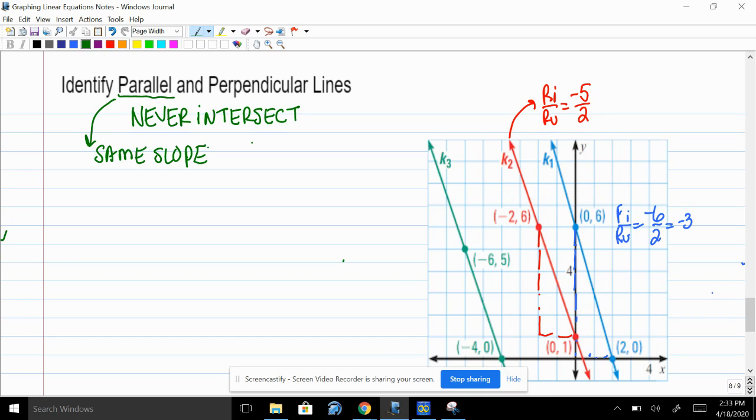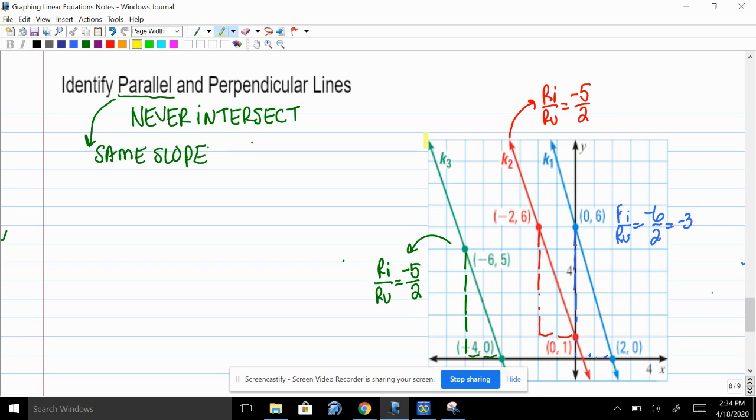And then the last line is my green line, K3. I'm going from this dot down to this dot, which would be down 1, 2, 3, 4, 5, right 1, 2. So for my green line, my rise over my run is -5 over 2.